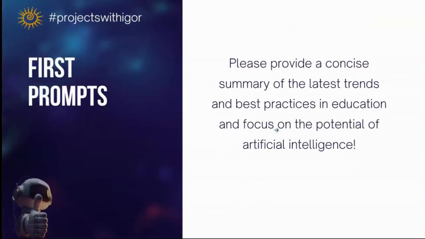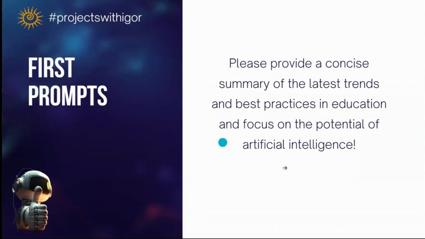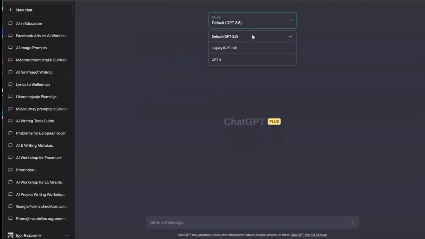So what you just need to do is to go there and write something like this: please provide a concise summary of the latest trends, the best practice in education. So let's try to do it.